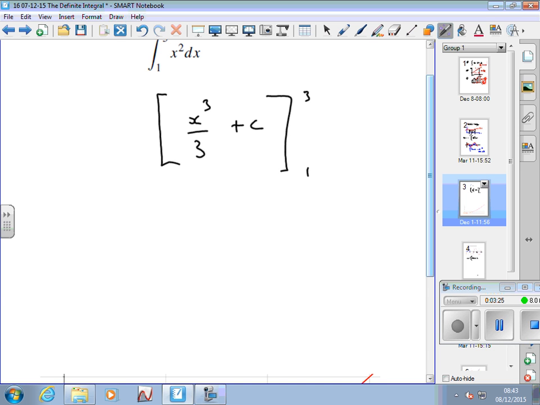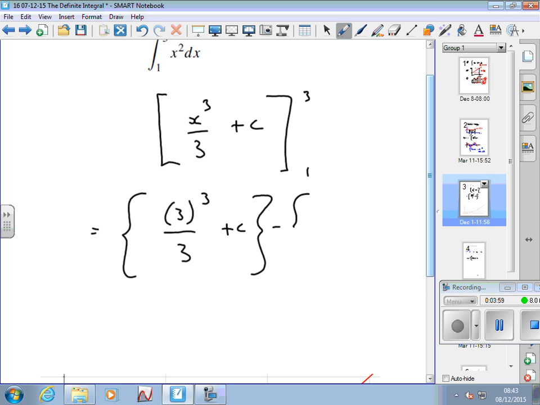So what we do now is we just put in our limits. We let x equal the top limit first, work out what the answer is, and then we let x equal the bottom limit, which is 1, work out what that is, and then take 1 away from the other. Again, the notation we'll use, it's common to use curly brackets like this to demonstrate that I'm now putting the numbers in. So top limit, x is 3, 3 cubed over 3 plus c.